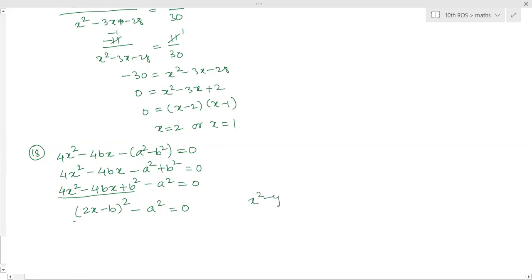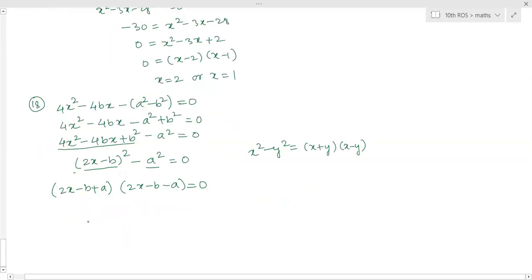So x square minus y square is equal to x plus y into x minus y. So this is in that form. So this full value is x and this is y. So it is x plus y into x minus y. So 2x minus b plus a into 2x minus b minus a is equal to 0.